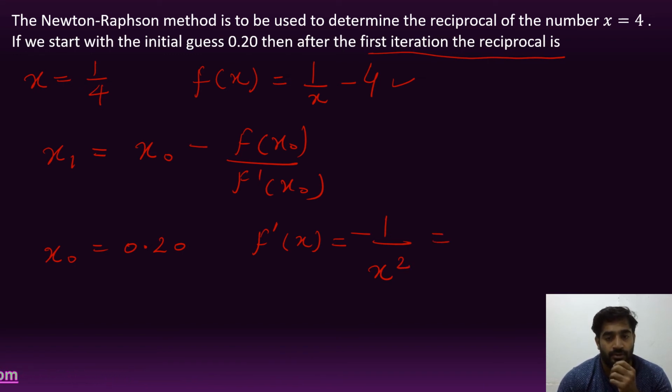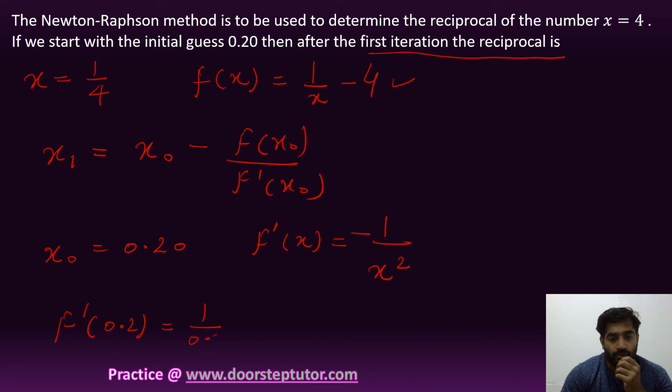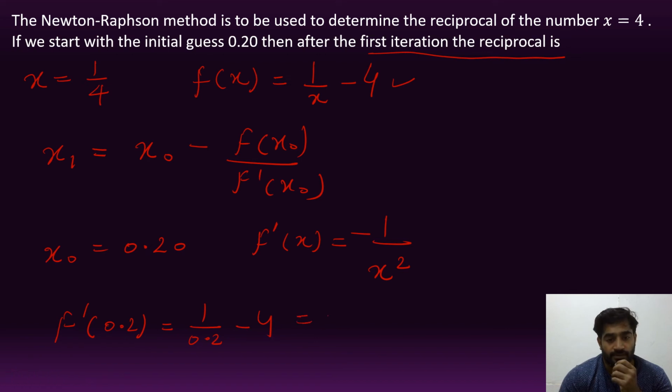So from here, I'll try to find f(0.2), which is equal to 1 upon 0.2 minus 4. So 1 upon 0.2 is nothing but 5, minus 4, that is 1. And actually it is f(x naught).